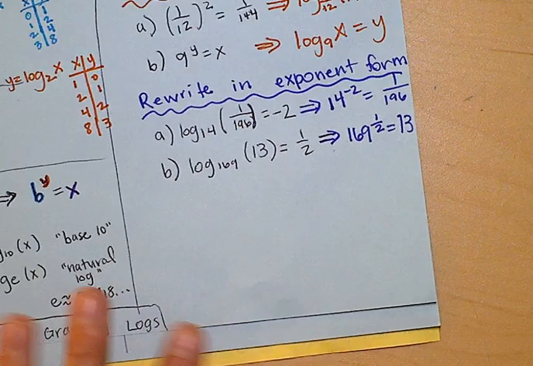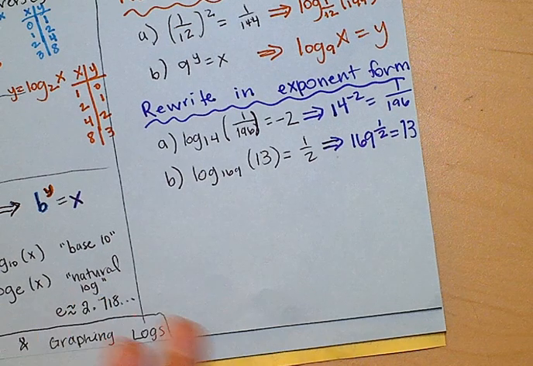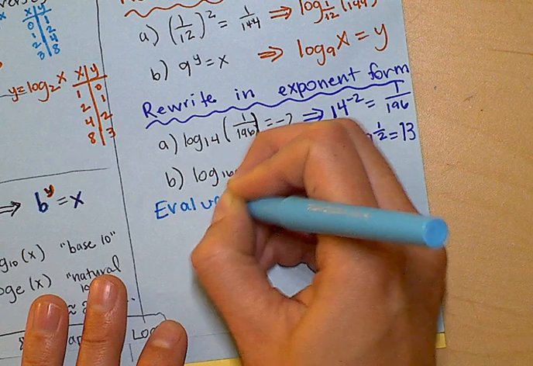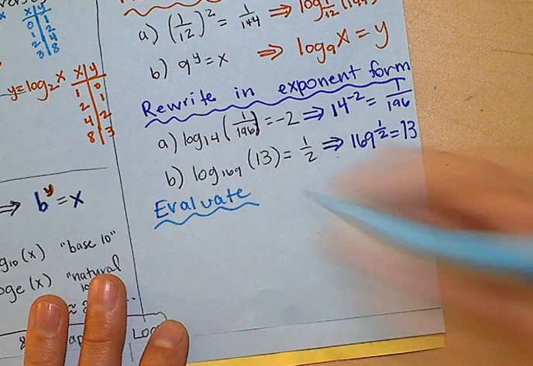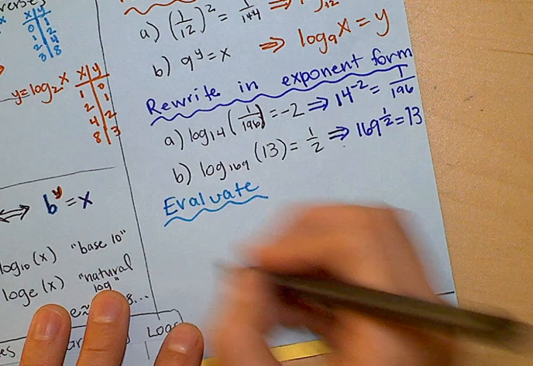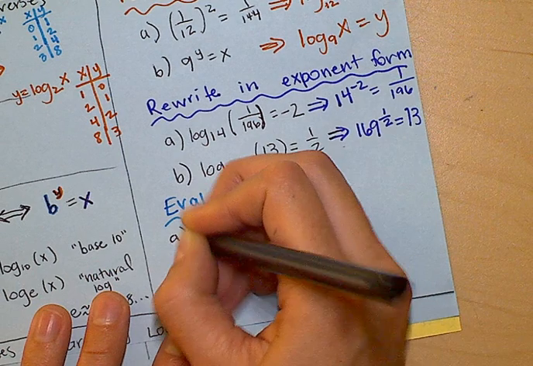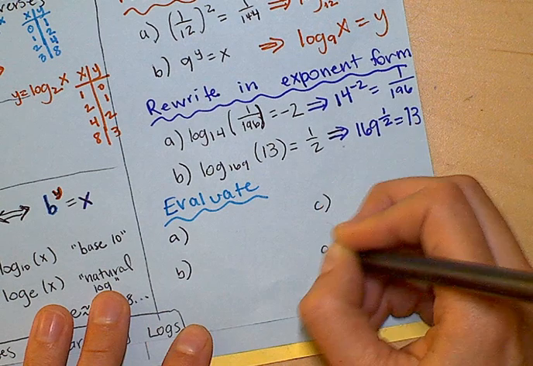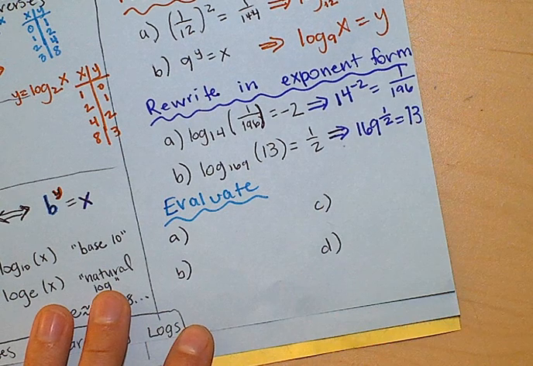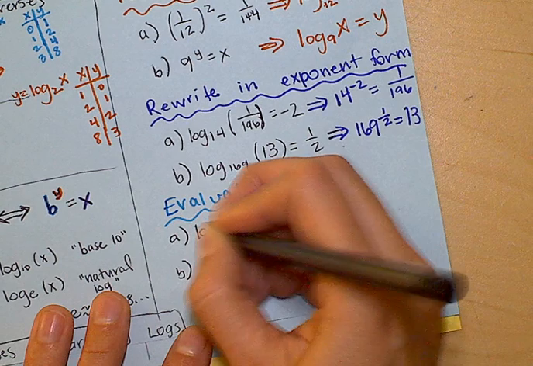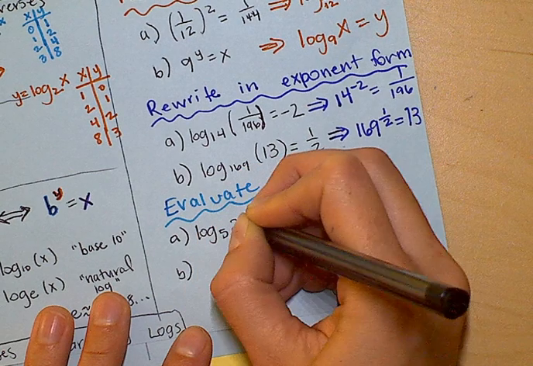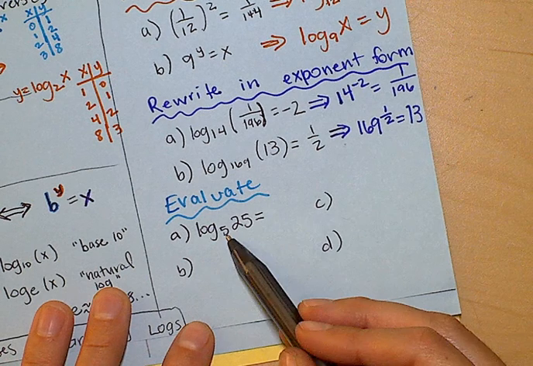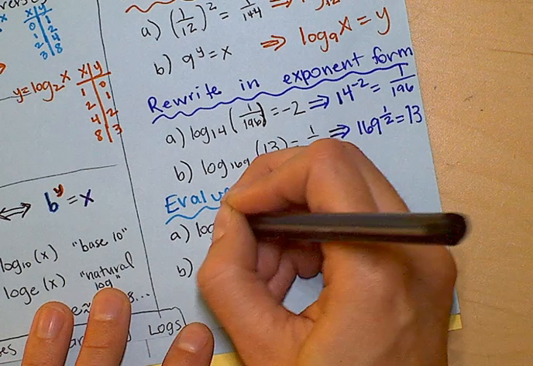And then some examples of this, you could say evaluate. A, B, C, and D. Log base 5 of 25 equals, well, I have to think about what would the exponent be here.